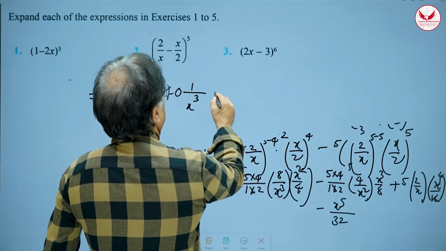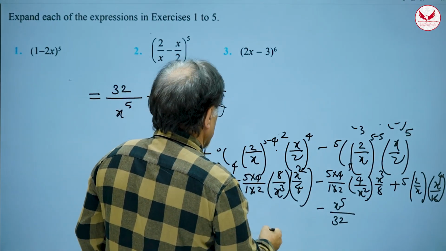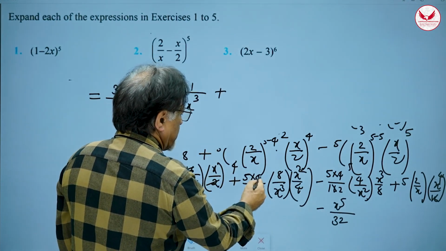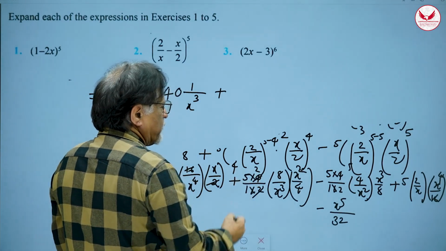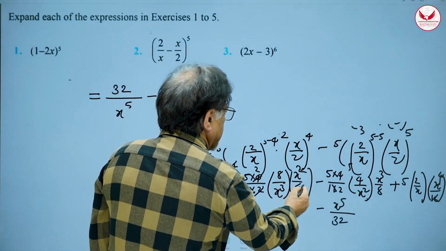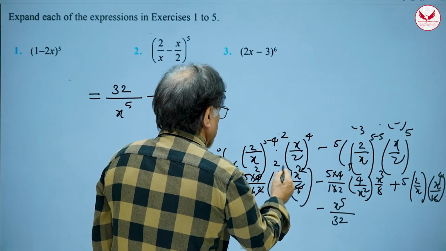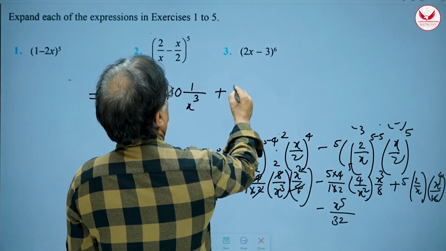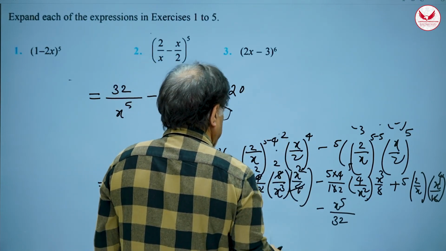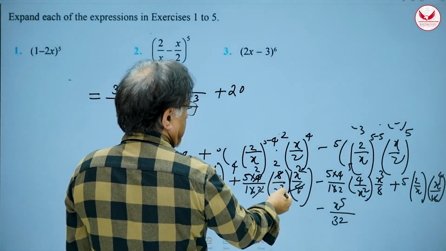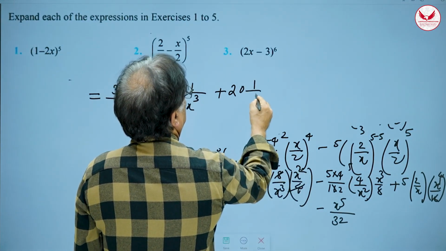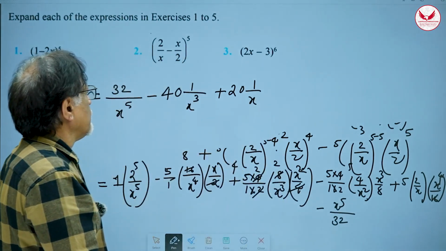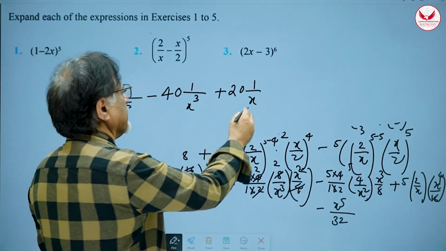Now next term, that is plus 5 into 4. So that is 2 and 4 again get cancelled. So 5 into 2 is 10. And this 4 and this 8 also get cancelled. Again it is 2. So 10 multiplied by 2 is what? 20. And powers of x are x square here and x cube here. So it is 1 upon x. So 20 into 1 upon x. Okay. Minus.